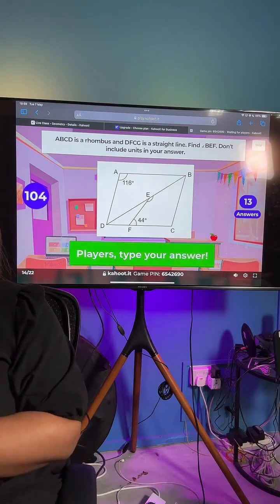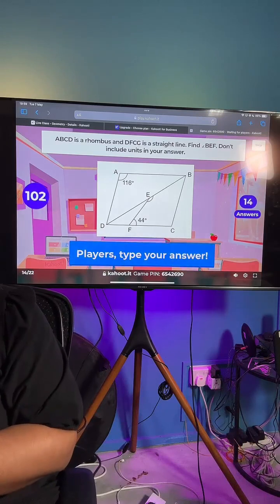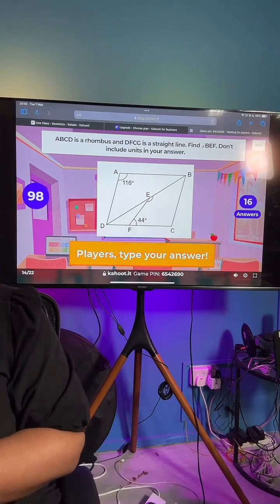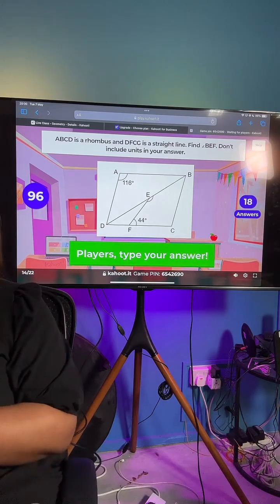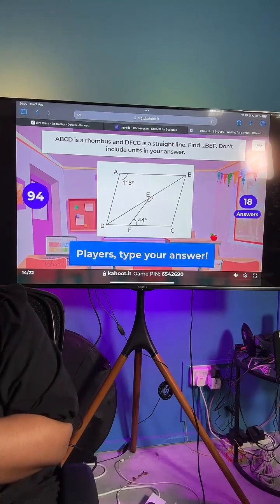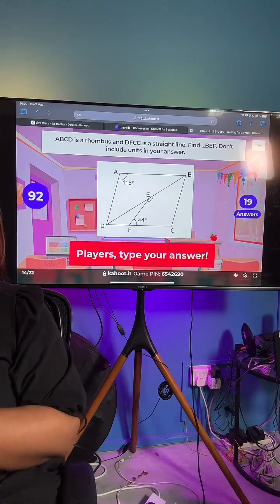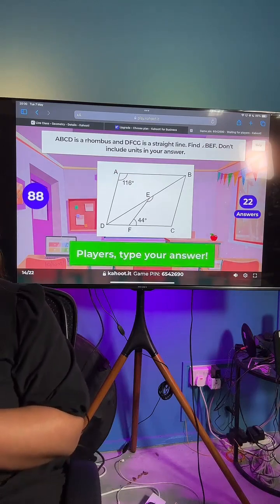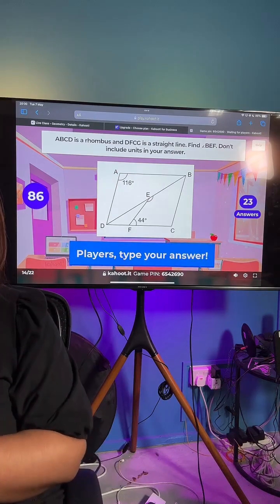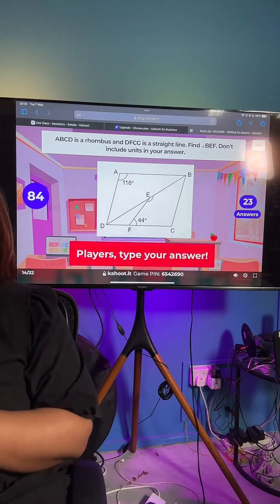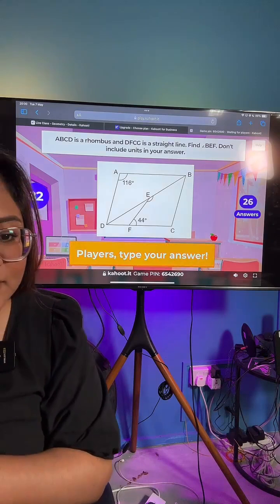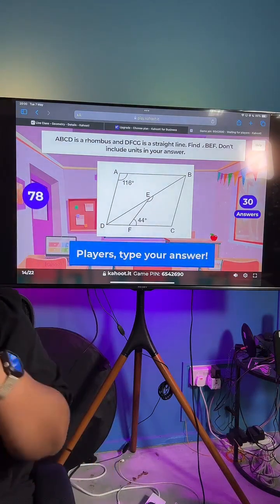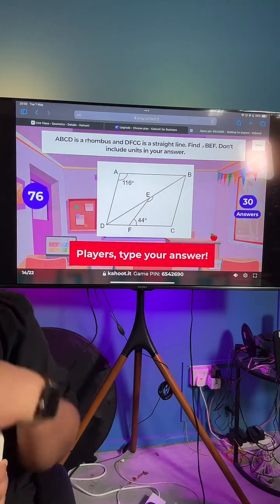You can use calculator. Uh-oh. Be careful when you're typing, okay? Don't type wrongly. It will affect your score.